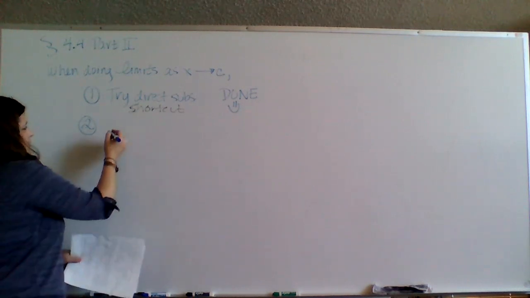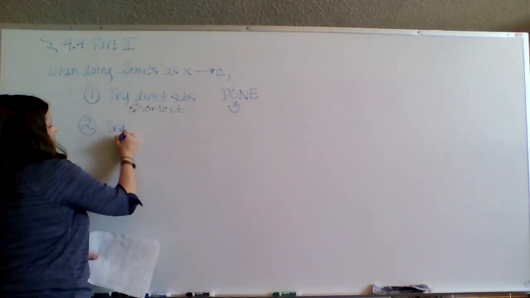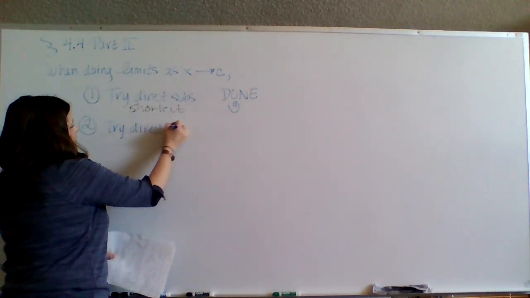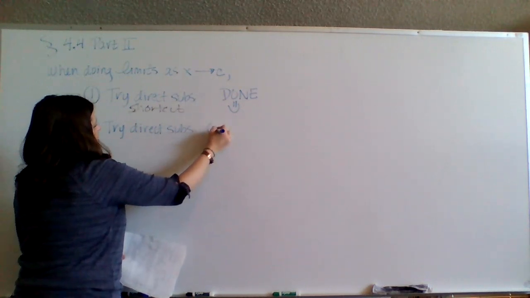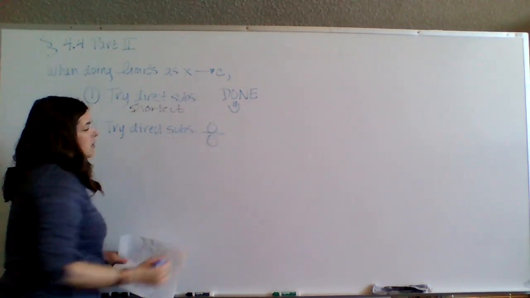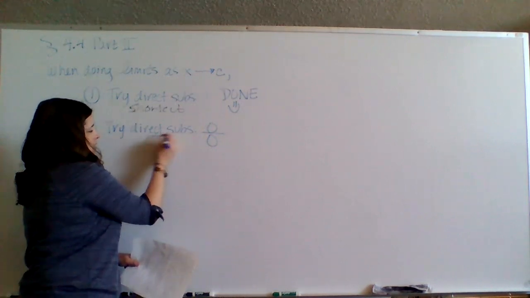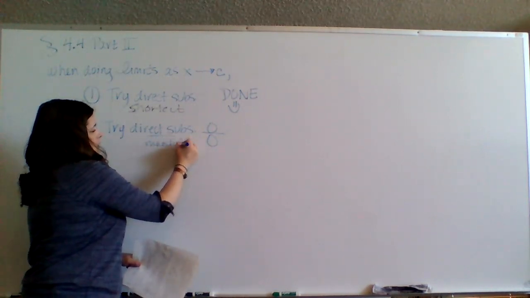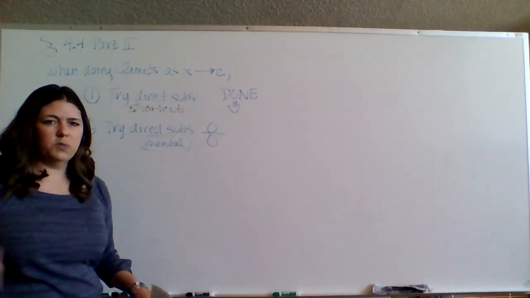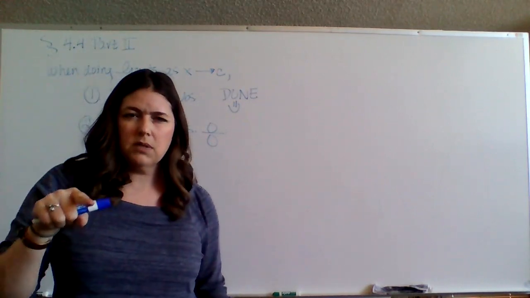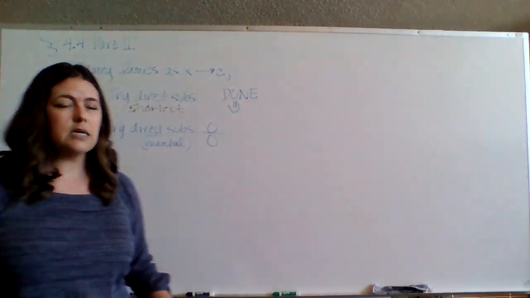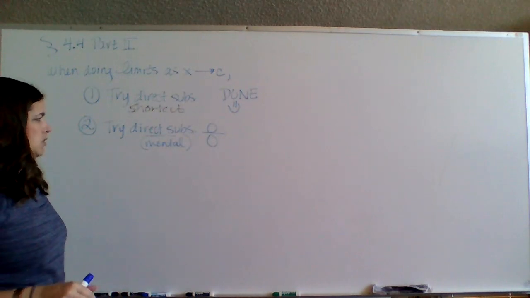If you try direct substitution, but it doesn't give you a number value because you end up getting 0 divided by 0, which a lot of times you're kind of doing mentally. You're kind of mental mathing that and going, oh, this would give me 0 up top and this would give me 0 in the denominator. You're not really necessarily writing it, but you can tell that it's not going to give you a numeric value.